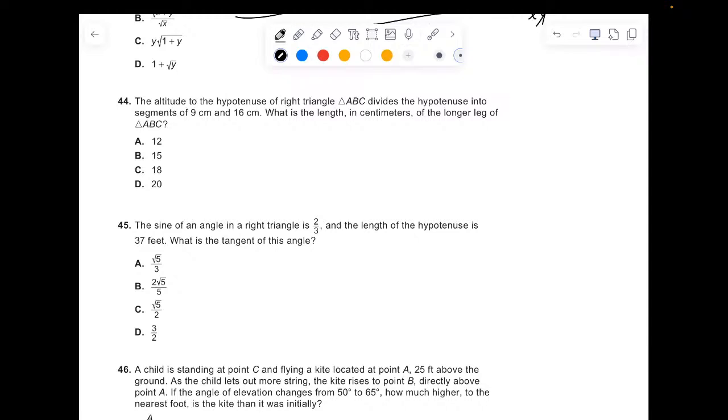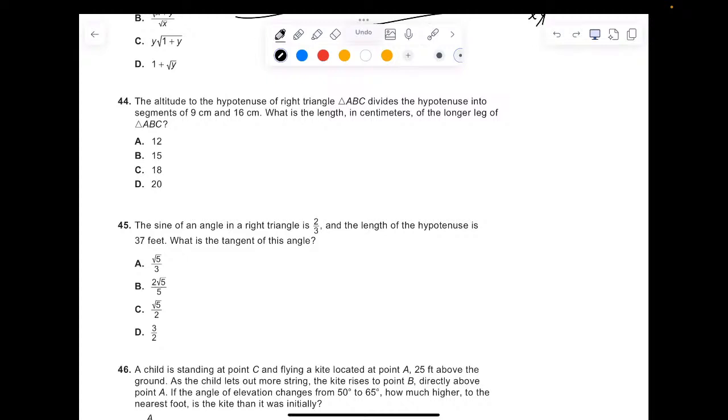The altitude to the hypotenuse of a right triangle ABC divides the hypotenuse into segments. Oh wait, we don't know if it's a right angle. There we go, that's better. The altitude of a hypotenuse of a right triangle.